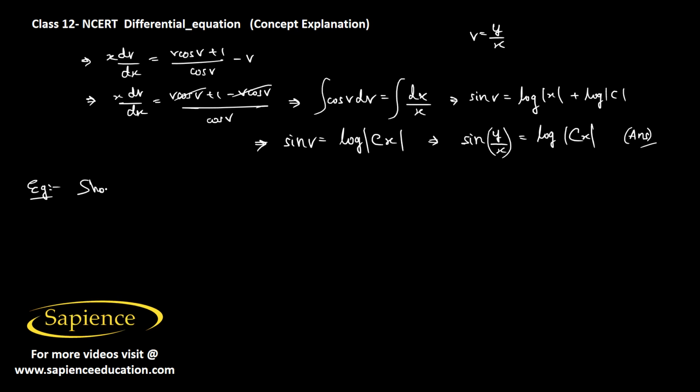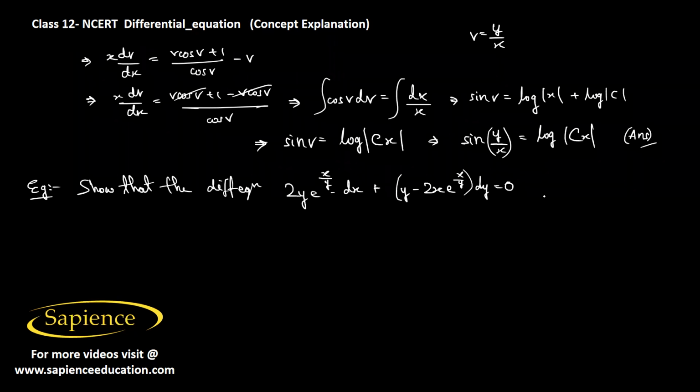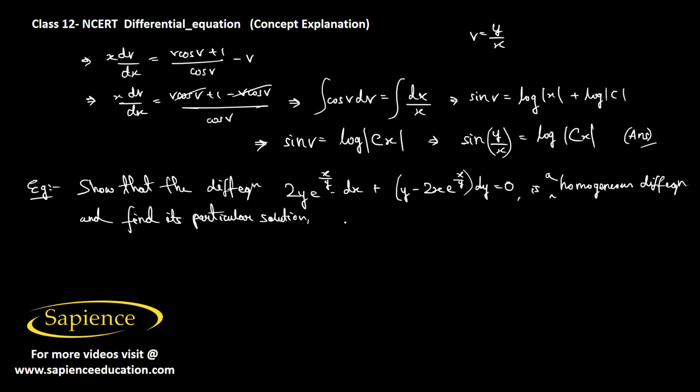Suppose it is asked to show that the differential equation 2y e power x by y into dx plus y minus 2x into e power x by y into dy equal to 0 is a homogeneous differential equation, and then find its particular solution, given that x equal to 0 when y is equal to 1.